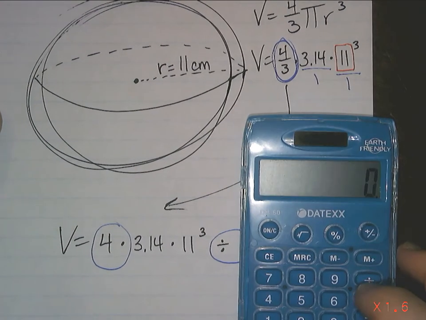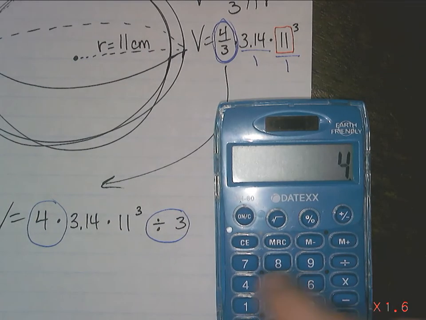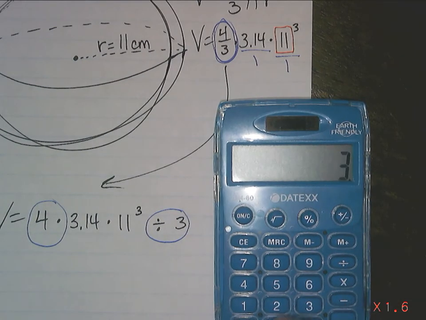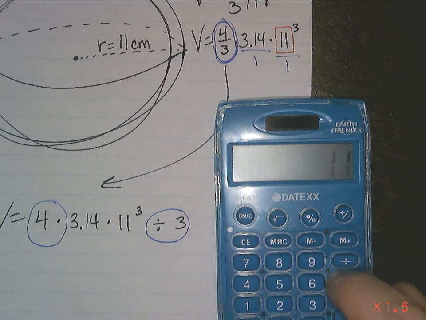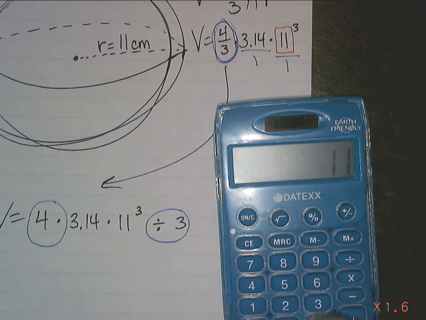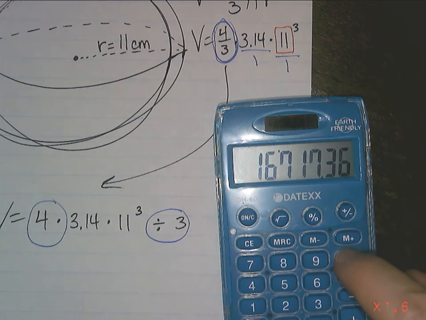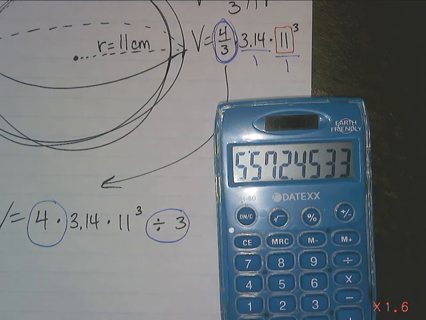So on the calculator, I'm going to do exactly that. I'm going to do 4 times 3.14 times 11 times 11 times 11 equals, and then divide by 3. And I got 5,572.45.